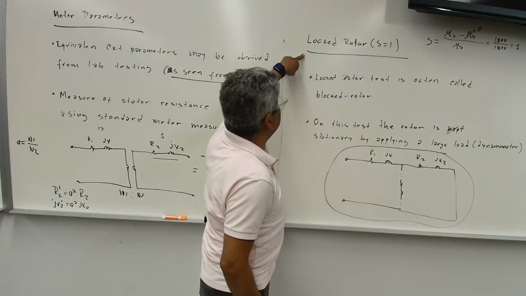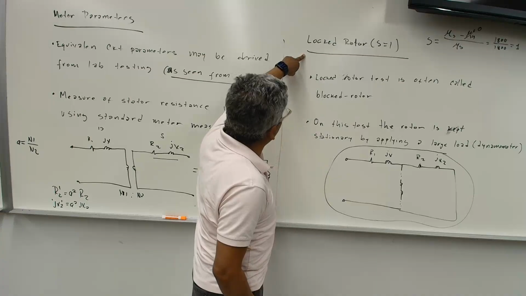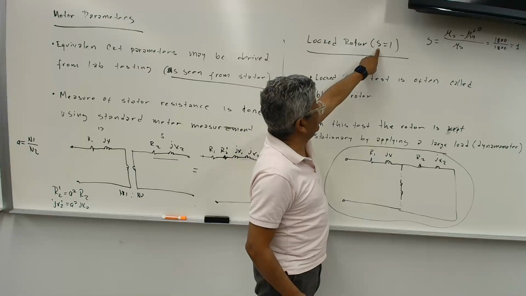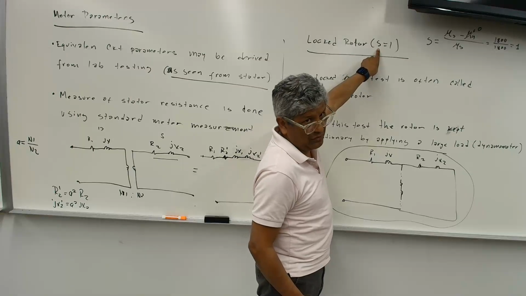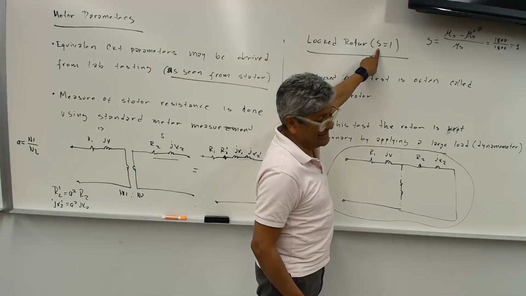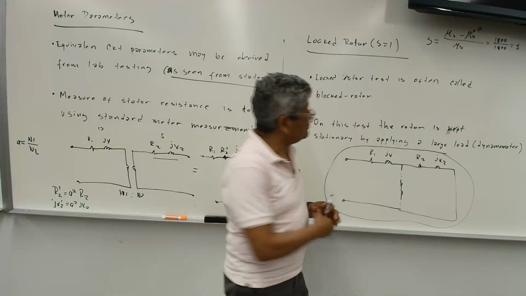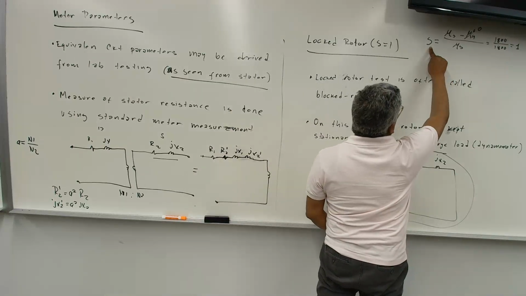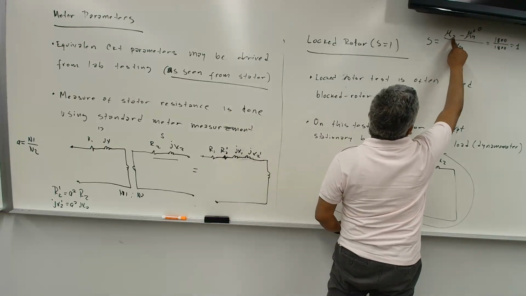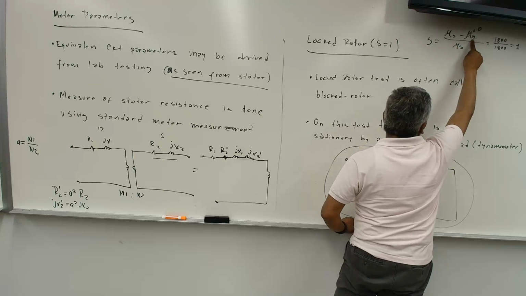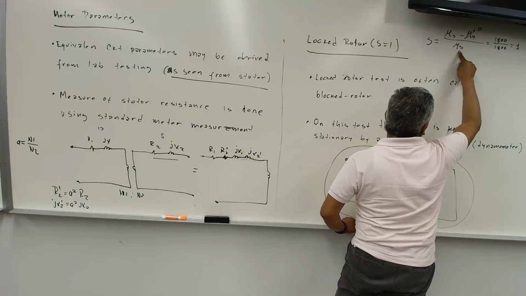There are two tests, and the first one we're going to talk about is the locked rotor test. The locked rotor test is when S, or the slip of the motor, is equal to 1. What does that mean? You put a big load on it, right? The slip of a motor is the synchronous speed minus the actual speed, divided by the synchronous speed.